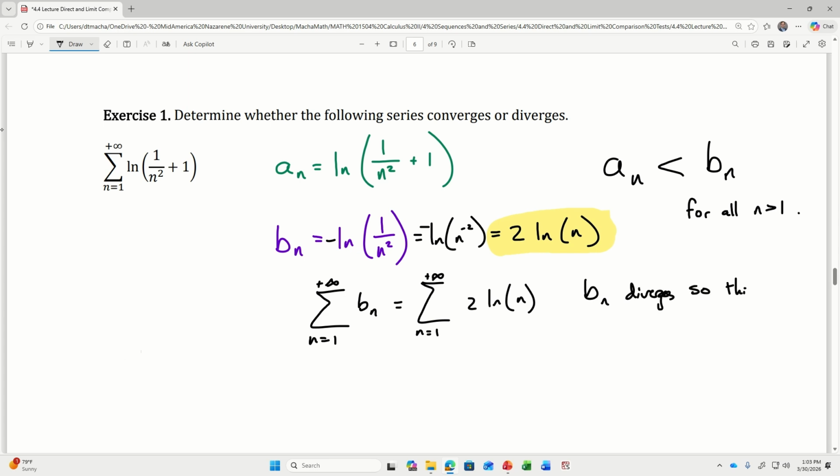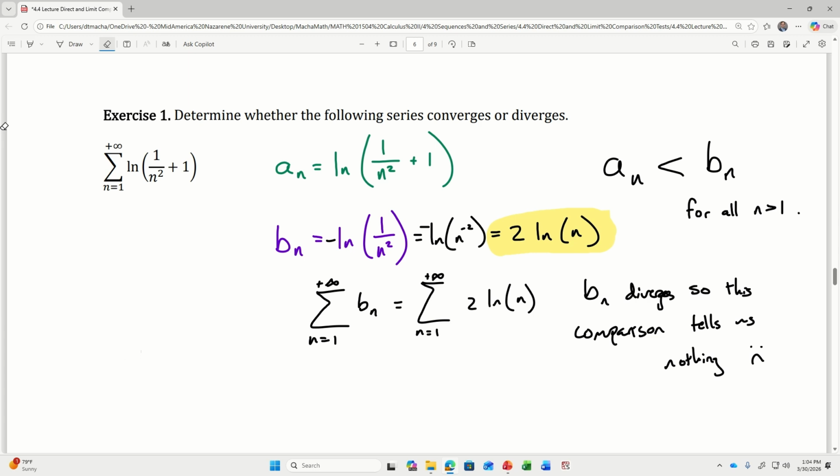So this comparison tells us nothing, unfortunately, because the way we chose our an and our bn, bn is greater than an, but bn also diverges, so it doesn't really help.